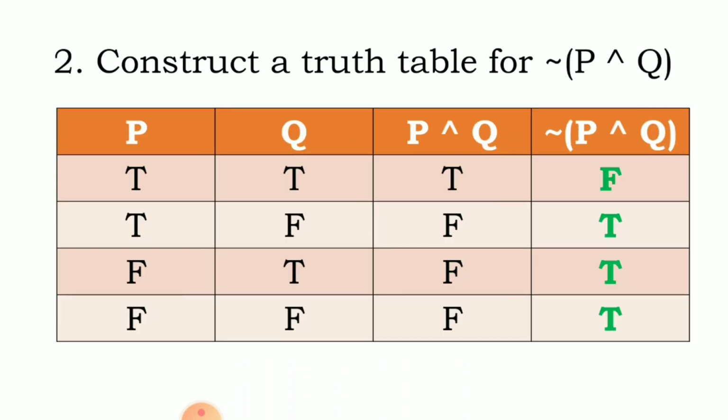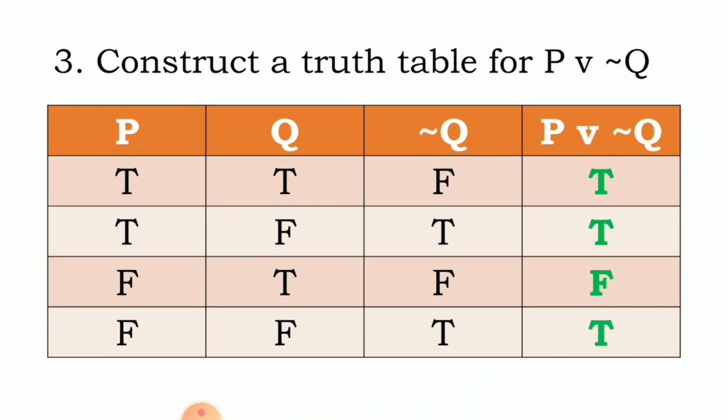Next, we have the truth table for negation of the quantity P and Q. So we have the truth values false, true, true, true. So this is contingency. This is a combination of false and true truth values.